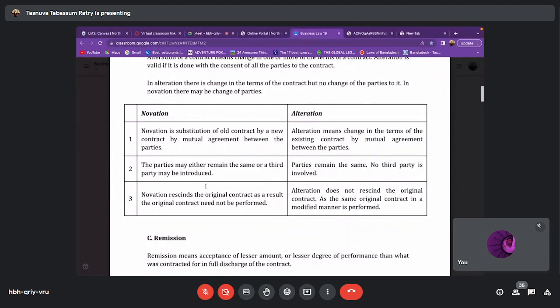In essay questions, I can ask you to discuss the differences between novation and alteration, discuss the differences between fraud and misrepresentation, discuss the differences between undue influence and coercion. It can be a 5-mark question or a 10-mark question. You can make a table and discuss the following. You will define and distinguish what the differences are between the two.